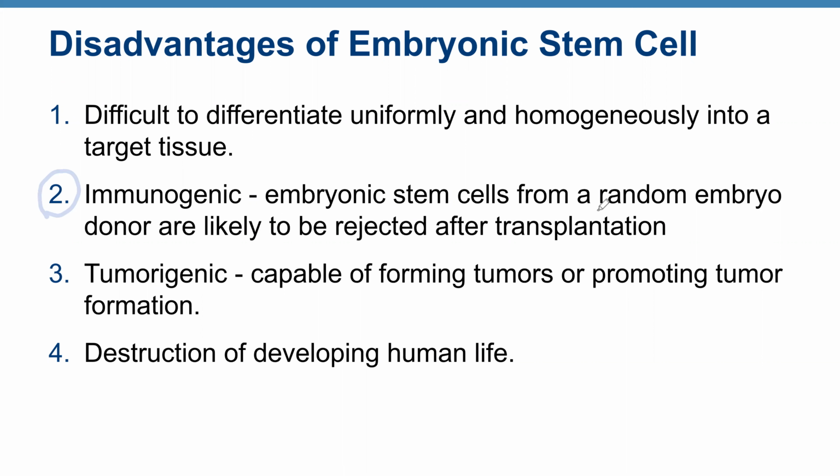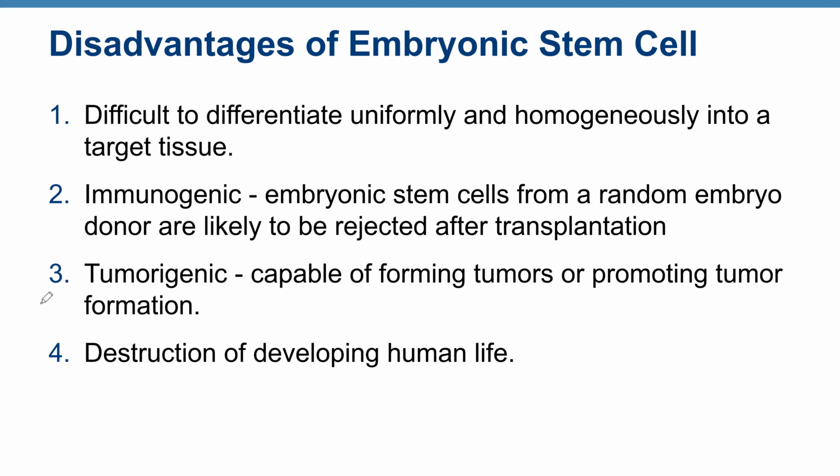Embryonic stem cells from a random embryo donor are likely to be rejected after transplantation. So if we have a patient that needs an organ transplant and we transplant an organ from an embryo, those cells are not this human's cells, so it can be rejected. They are also tumorigenic.